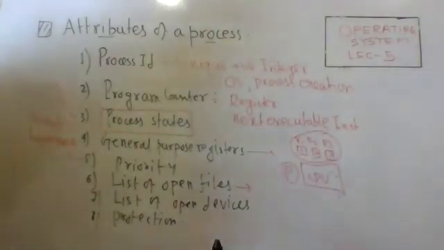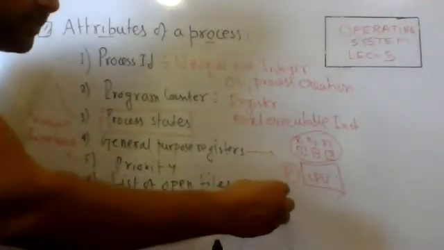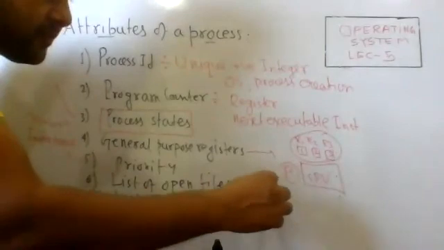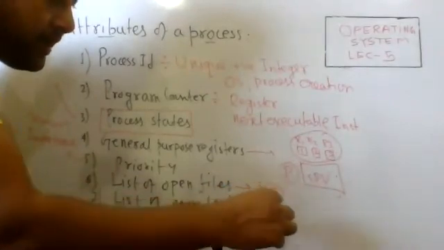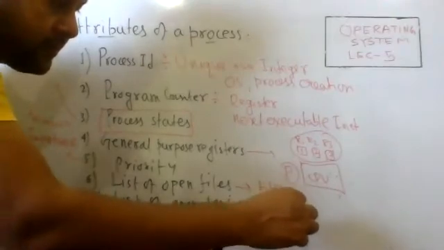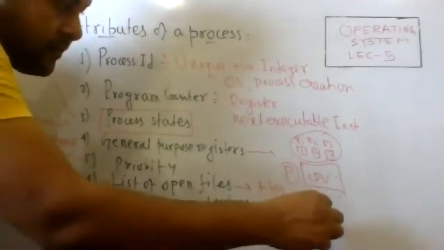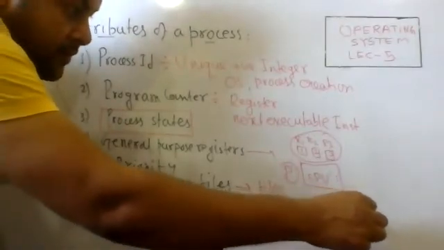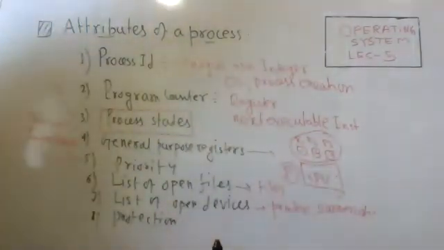So this is for files, and this is for devices like printers, scanners, etc. And last, protection.